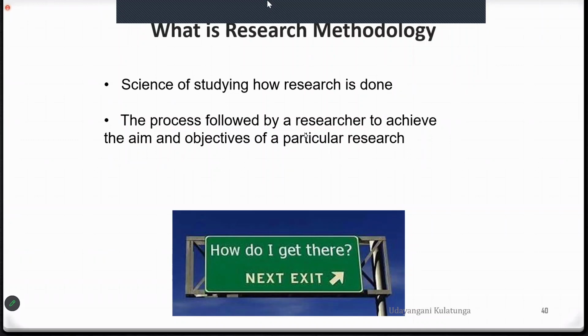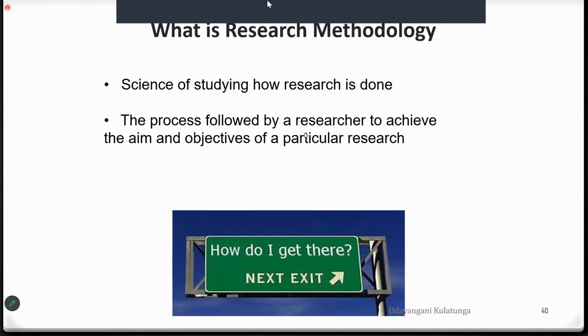The methodology, or the ways in which we are going to achieve the aim and objectives. So research methodology is a science of studying how research is done. Now, if you can remember from the background section, we are setting the scene for the study. And when it comes to the methodology, it's basically the way of reaching our aim and objectives. Studying how research is done.